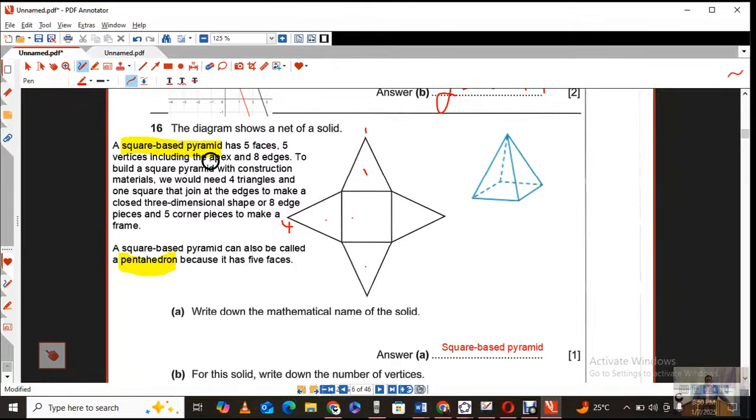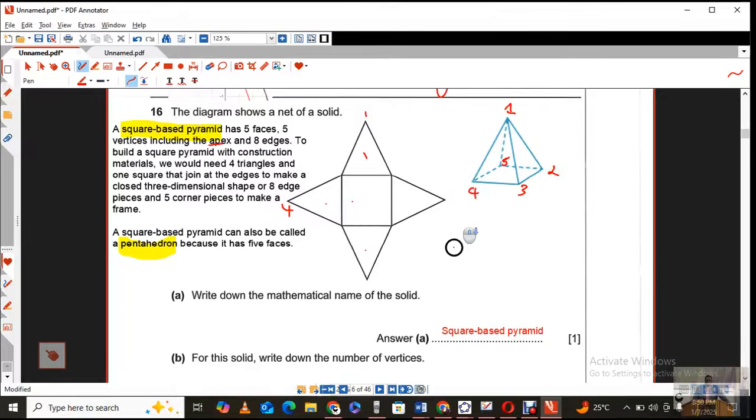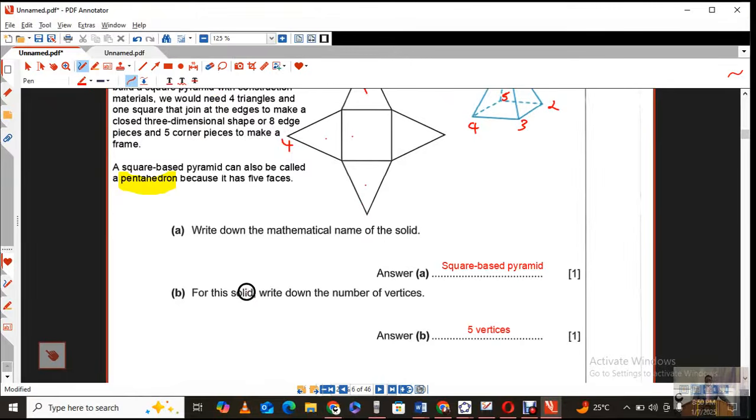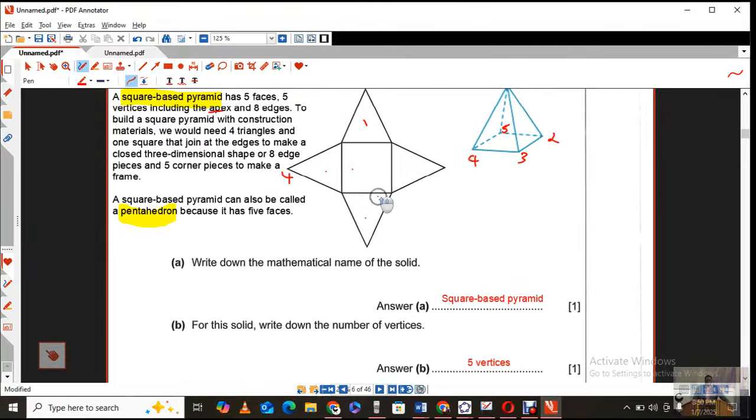The apex is here, so that's 1. And this is 2, 3, 4, and the 5th one is right over there. So those are 5 vertices. Basically that's what the second part of the question was asking you: for this solid, write down the number of vertices. It's not going to be possible for you just to see it from there, because you might be tempted to count as I was doing.